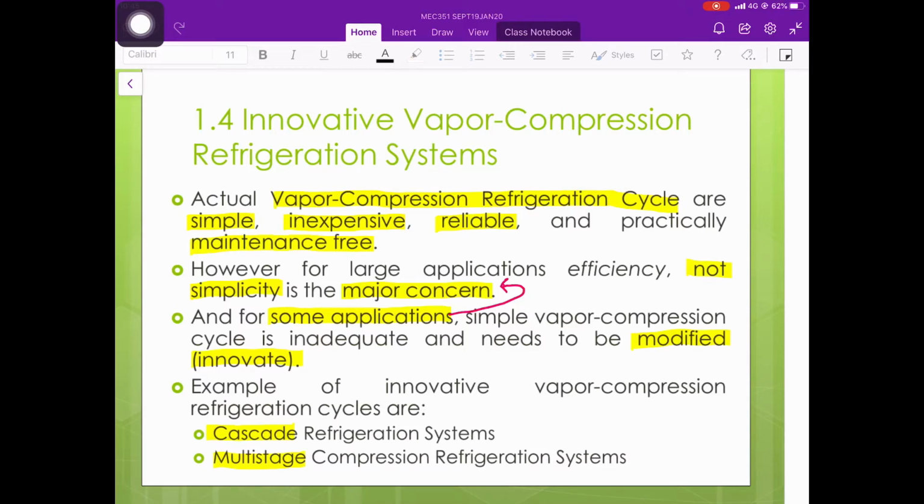There are 5 innovative vapor compression refrigeration cycles that we'll discuss in this section. They are Cascade Refrigeration System, Multi-Stage Compression Refrigeration System, Multi-Purpose Refrigeration System, Liquefaction of Gases, and Absorption Refrigeration System.